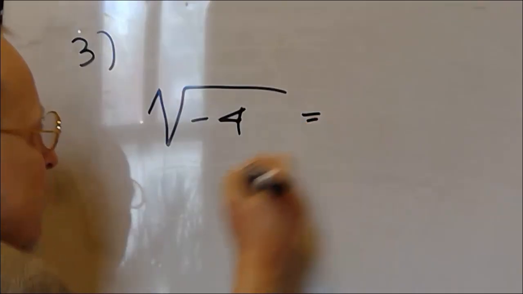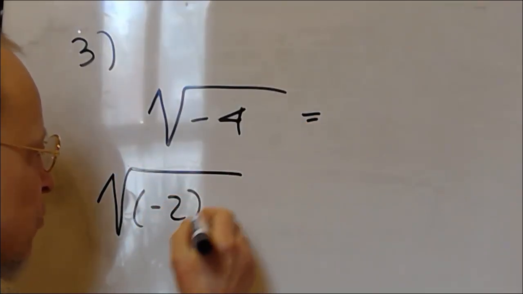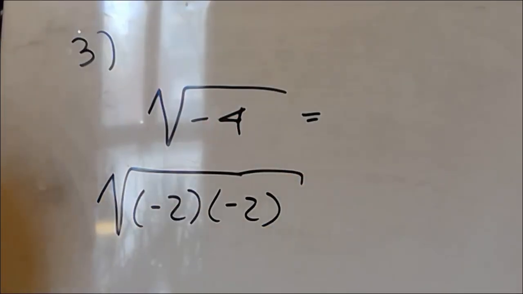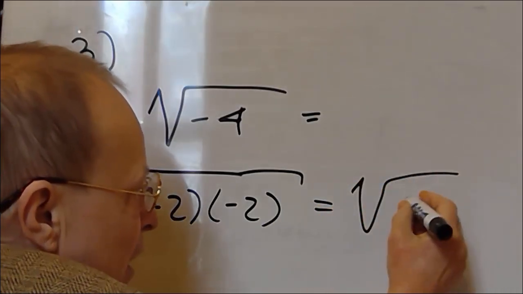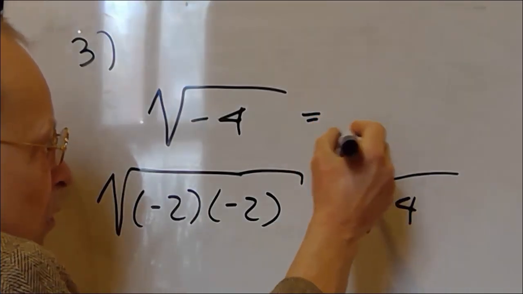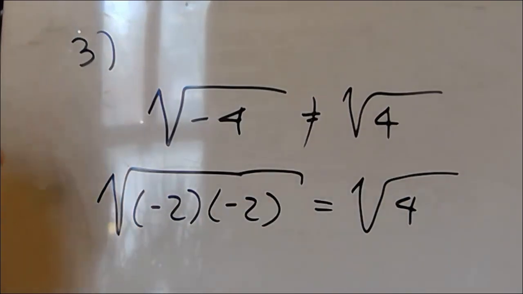So if we break it down into negative 2 times negative 2, we get a positive 4, and we try to bring it back again, a positive 4. This and this are not equal. Negative 4 and positive 4 are not equal, so we cannot use that.